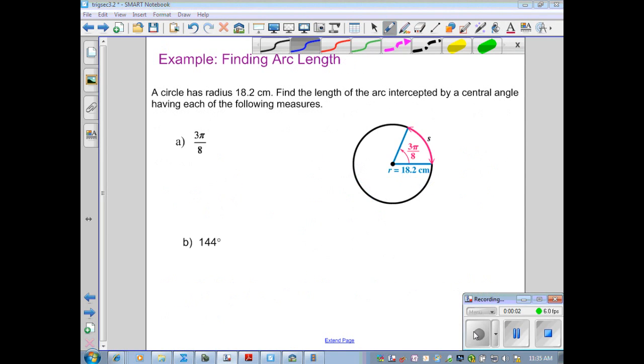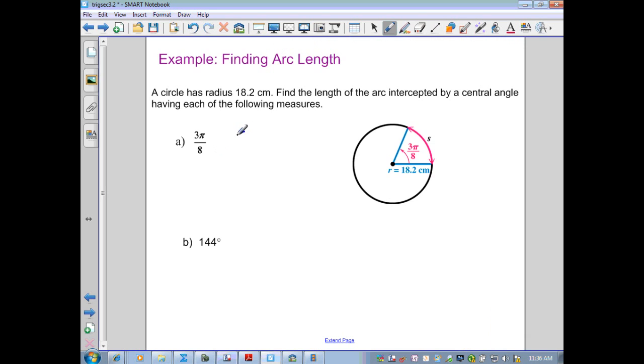Let's look at our first example. A circle has a radius of 18.2 centimeters. Find the length of the arc intercepted by a central angle having each of the following measures. So in these two examples, my radius is going to be 18.2. I'm just going to change theta. From the previous slide, it tells us that theta has to be in terms of radians. On the first part here, it is in radians. So all I need to do is use the formula s equals r theta and substitute in my known values.